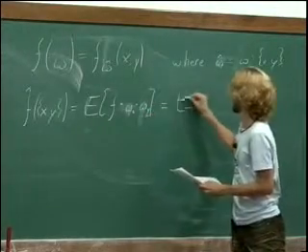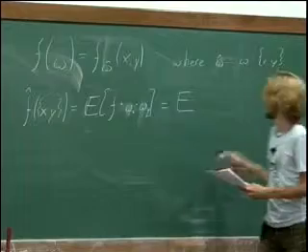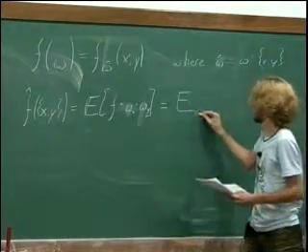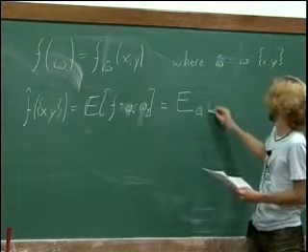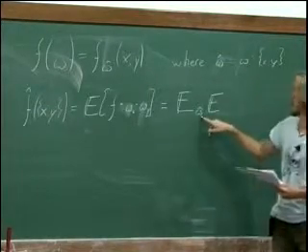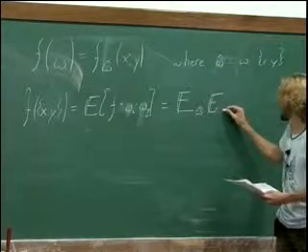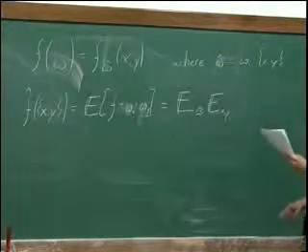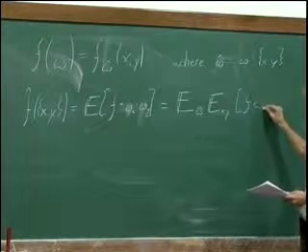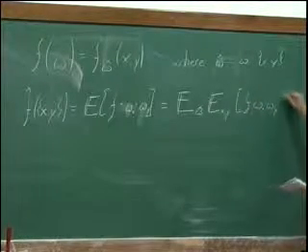And if you want to be fancy, you can say that you use Fubini's theorem, and first take the expectation over the outer bits, and then take the expectation over the two last bits of this.